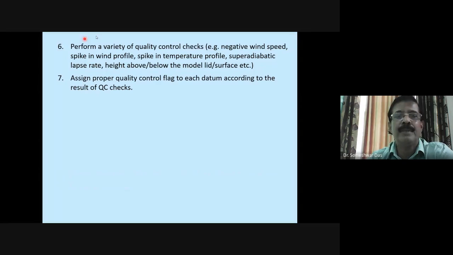Then assign proper quality control flag to each datum according to the result of the quality control checks. Okay, it assigns a flag to each data. I was telling you some time back probably that, suppose there is a football team playing a match and there is an umpire or a referee, and if some football player commits a foul or a mistake, then he will just take out a yellow flag from his pocket.